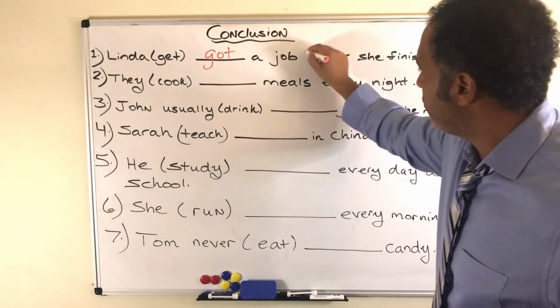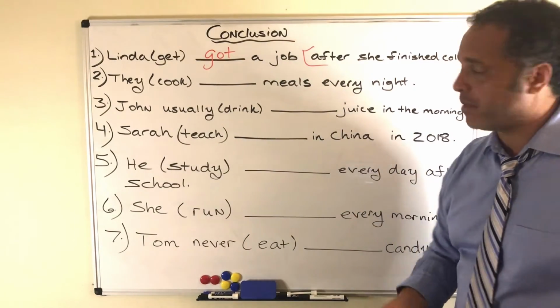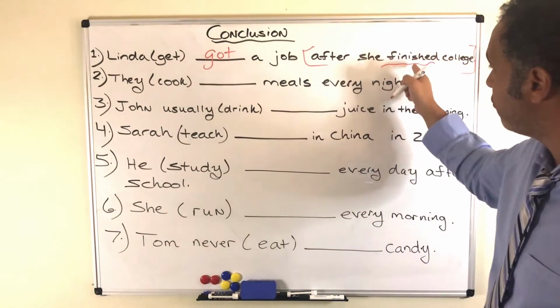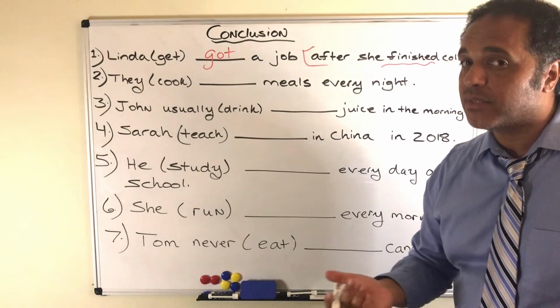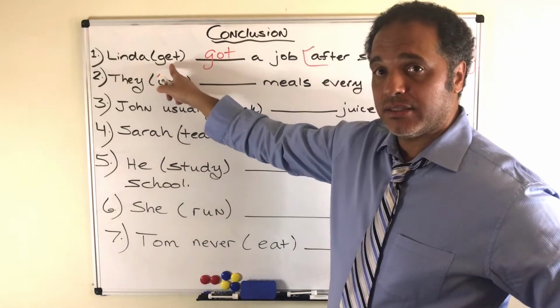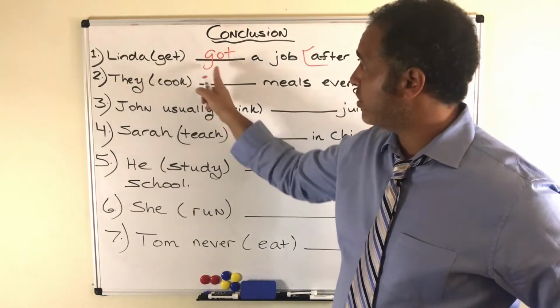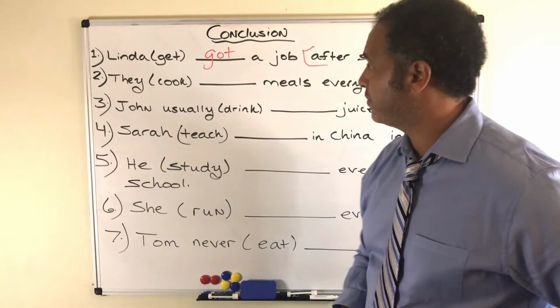Remember, when we use a time clause, that tells me that something happened in the past. Very important to look at the verb. This one here says finished. So if it says finished, then I'm assuming it's in the past. Now, got. This is an irregular verb. If you notice the spelling, we don't just put ed here. We have to change that spelling.